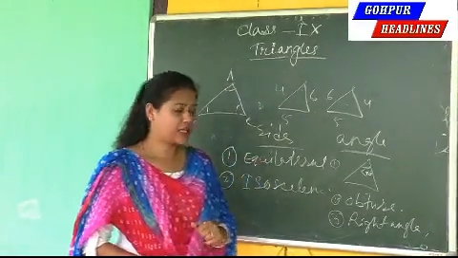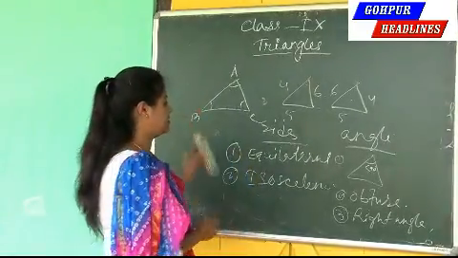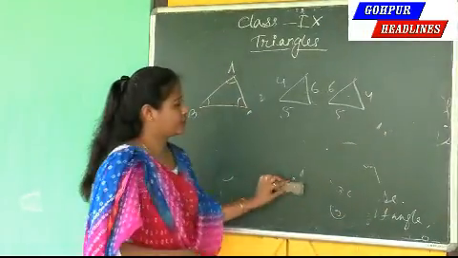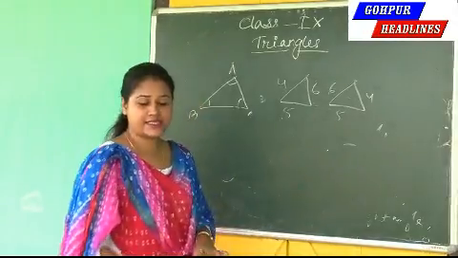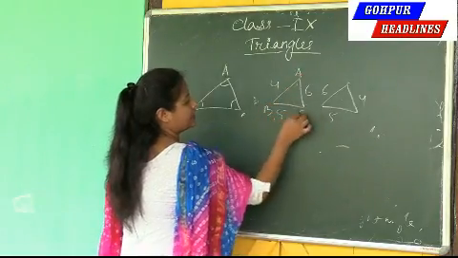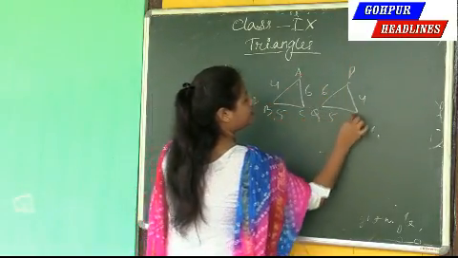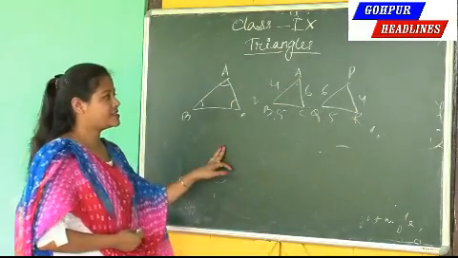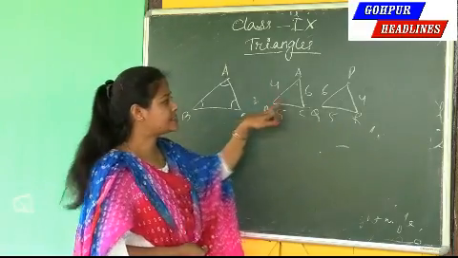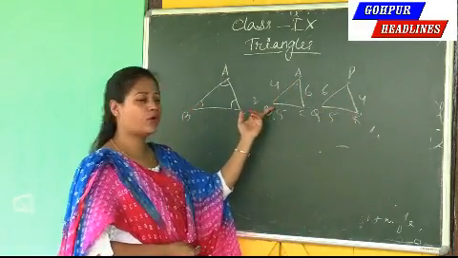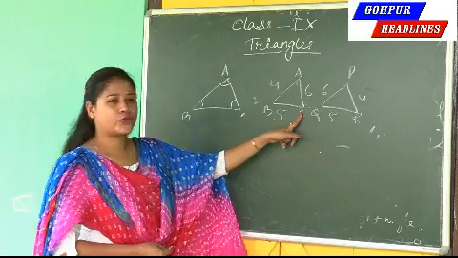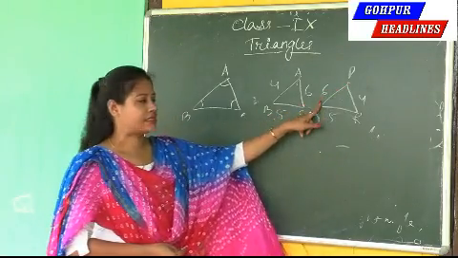Now in case of triangles, the 2 figures are said to be congruent when the sides are equal. Suppose ABC and PQR are 2 triangles. Here we can say AB is equal to which side? PQ, that means AB equals 4, and PQ also equals 4. AC equals which side? PR, 6 and 6.